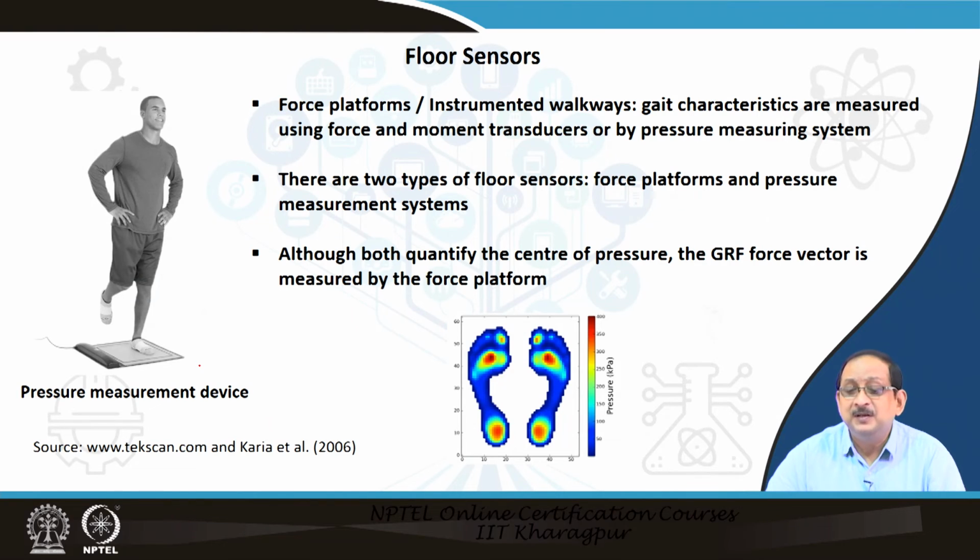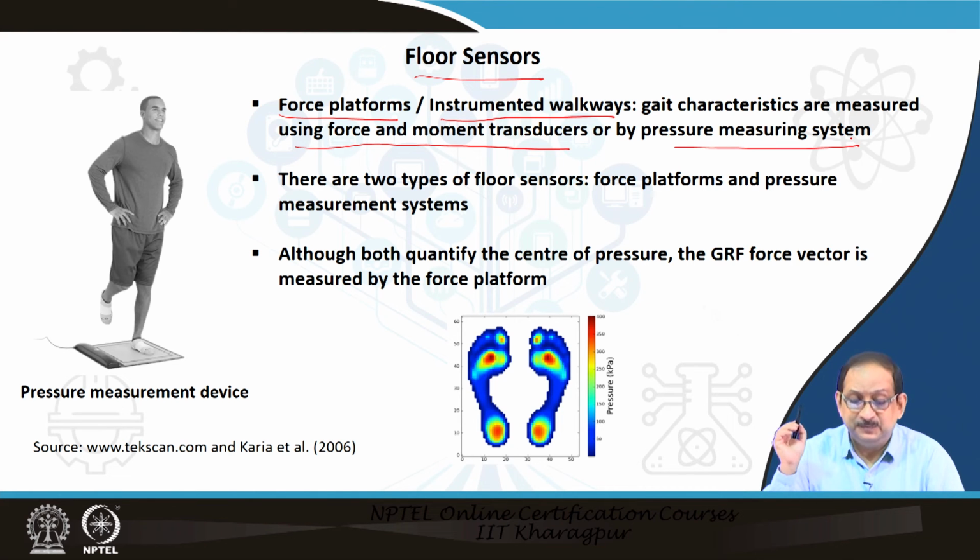Let us discuss in general about the floor sensors. Floor sensors, as already discussed, can be a force platform or an instrumented walkway. These sensors can measure gait characteristics using force and moment transducers or a pressure measuring system.